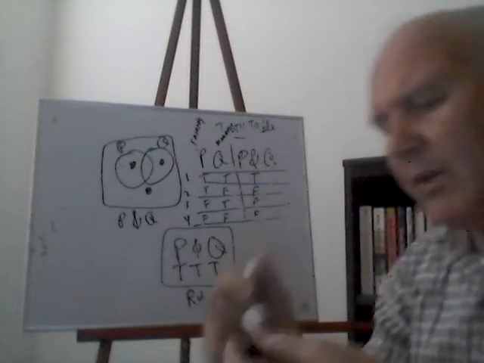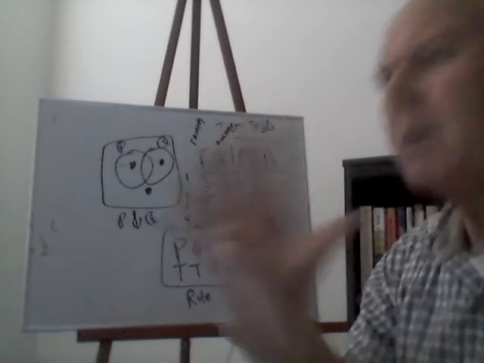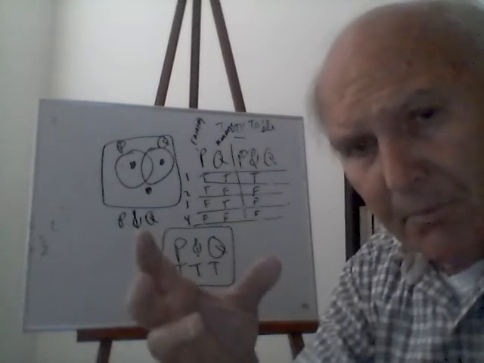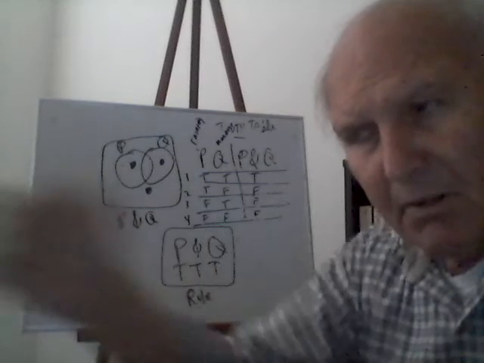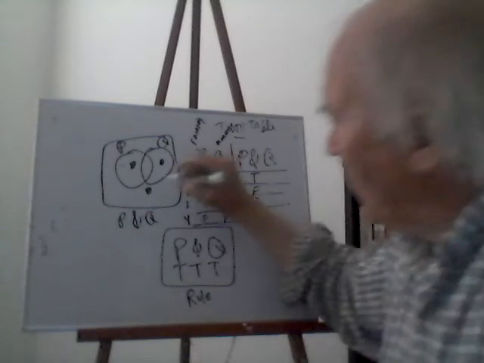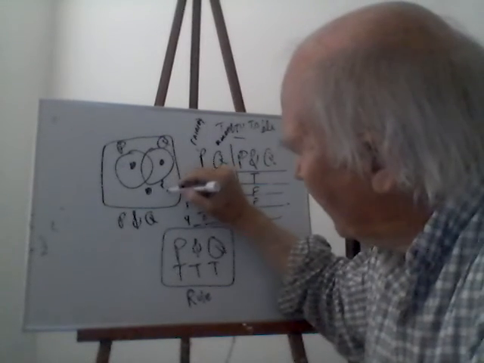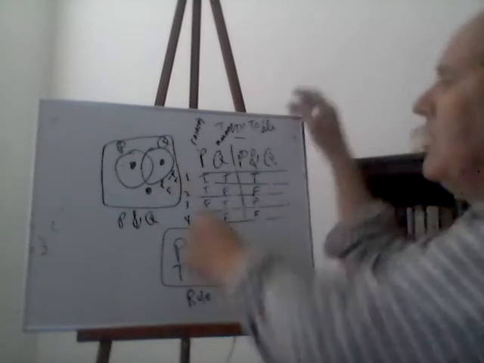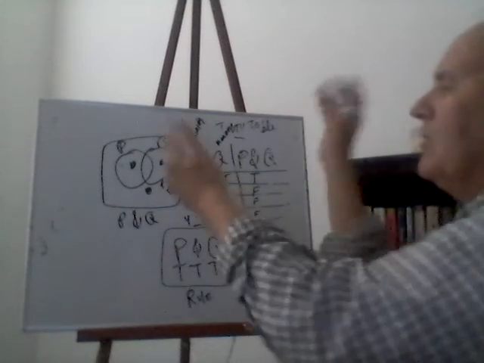Remember, one thing that makes this easy to do is just remember that inside P means P is true, and outside P means P is false. So outside P means P is false, but it also means not P is true, because anytime you negate a statement, you switch truth values.